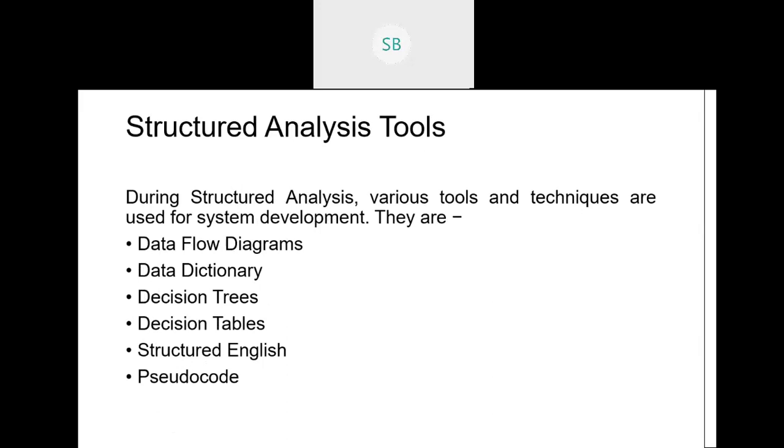Now let's see some structured analysis tools. These are the structured analysis tools, out of which you have already studied the DFD diagram. All of you are aware of it. I just discussed it in the last two classes. And the others are the data dictionary, decision trees, decision tables, structured English, and pseudocode.